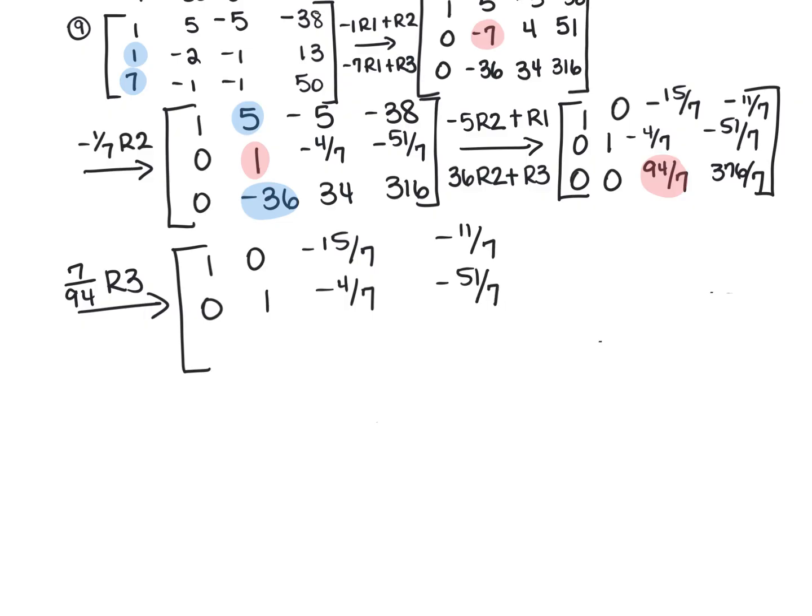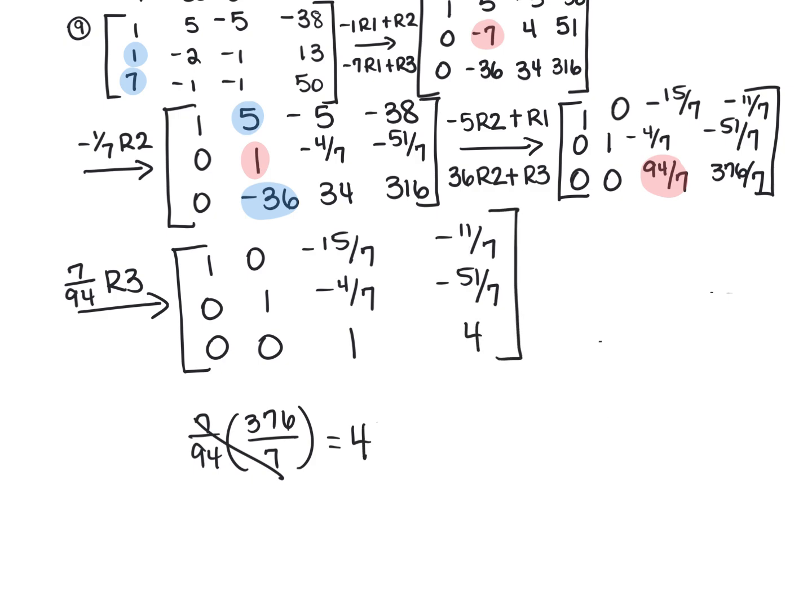So a 0 times 7 over 94, a 0 times 7 over 94. 94 over 7 times its reciprocal is 1. And then I'm going to have 7 over 94 multiplied by 376 over 7. So the 7's cancel, and then we multiply straight across. So 376 divided by 94. And miraculously, that's a whole number.